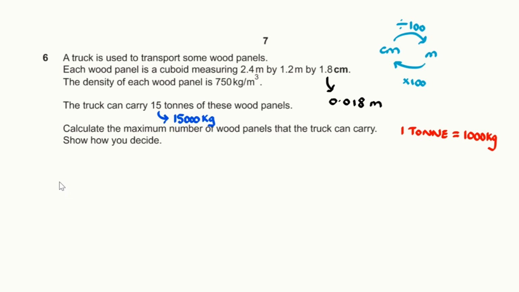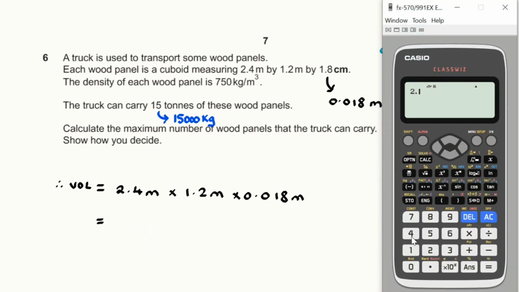Let's first of all calculate the volume. The volume is equal to 2.4 meters multiplied by 1.2 meters multiplied by the 0.018 meters. And if we work out what this is, we end up with 0.05184 meters cubed.